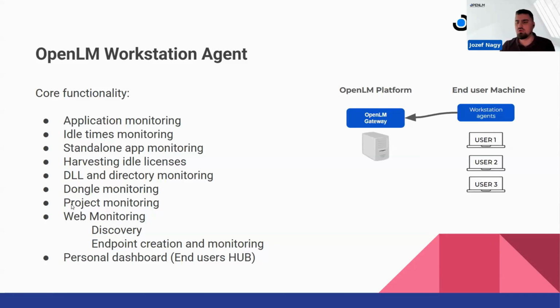You can also allow them to see the license inventory, or how many licenses are currently checked out, how many licenses are available. So they can see an overview of the system in the personal dashboard. All of this is customizable, so you can decide what they will see and what not. Okay, I think that was all regarding the workstation agent.